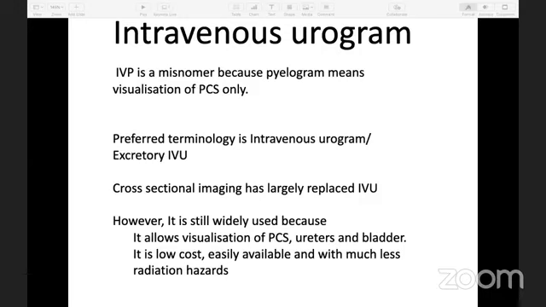However, the word IVP is still used, but it's a misnomer because it denotes pyelogram, meaning visualization of only the PCS. Nowadays, cross-sectional imaging has largely replaced IVU, but it is still widely used because it allows visualization of the whole ureteric tract, its availability, low cost, and much less radiation.